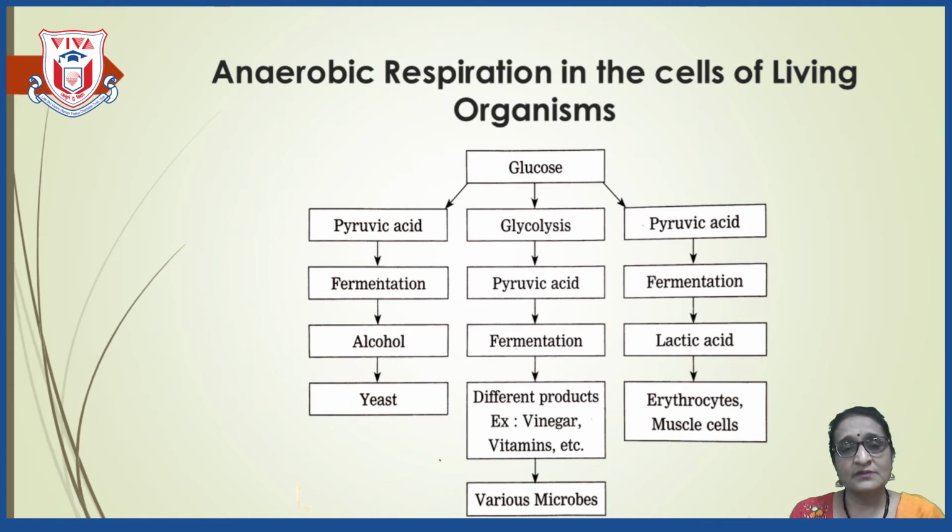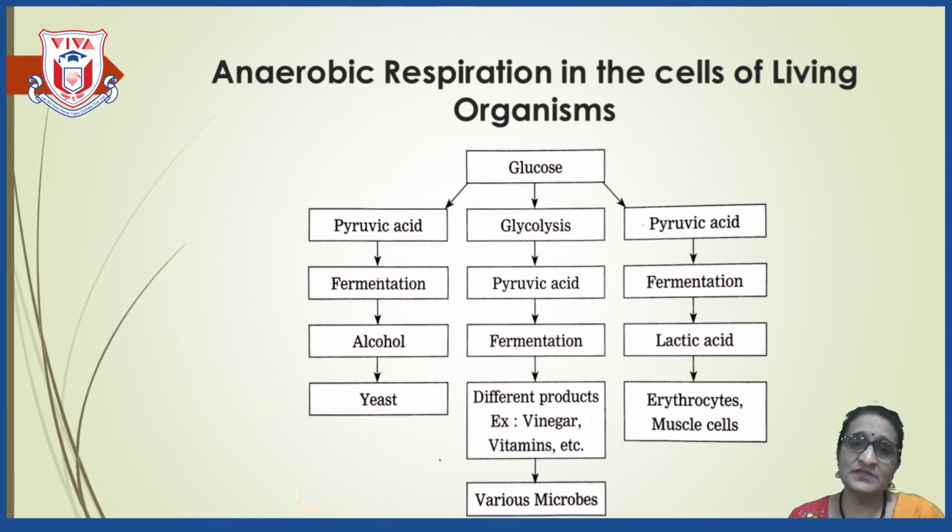Now here, this respiration also takes place in anaerobic organisms. Now, how does it occur in anaerobic organisms? Who does this anaerobic respiration? Dear students, microbes, microorganisms that are unicellular perform this anaerobic respiration.